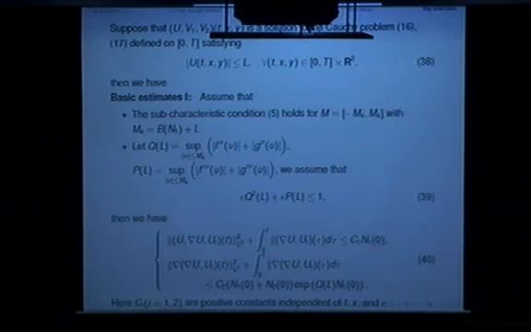This means that the subcharacteristic condition holds on this interval for this state space, and this measures the nonlinearity of the equations. If we can choose epsilon such that this is bounded by, say, one, that is just for illustration. You can choose 2 or 1, any constant is okay.